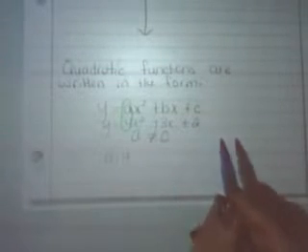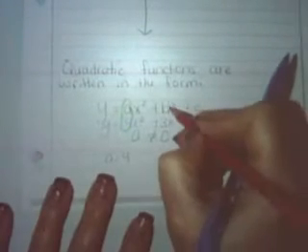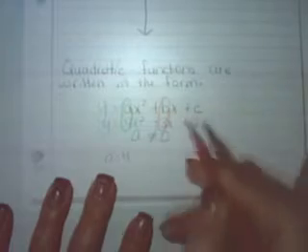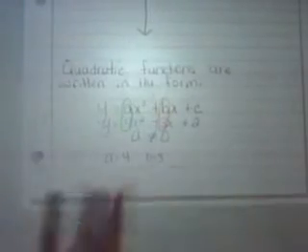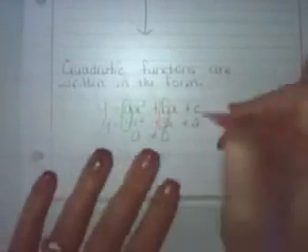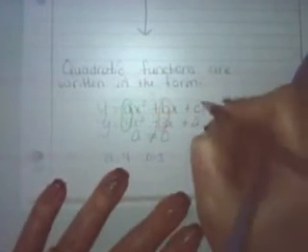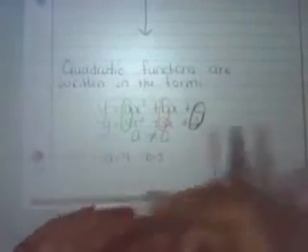The number in front of your x is your b. So if I ask you the value of b, you can tell me that b equals 3. And then your constant, or just your number, is going to be your c. So if I asked you the value of c, you would tell me it's 2.